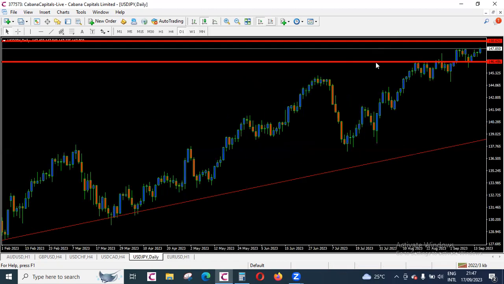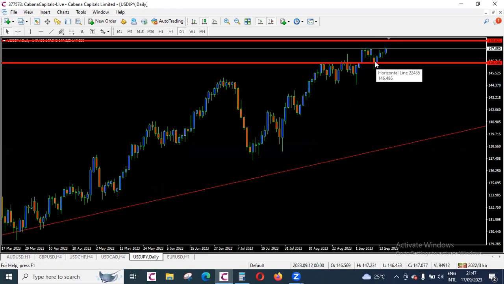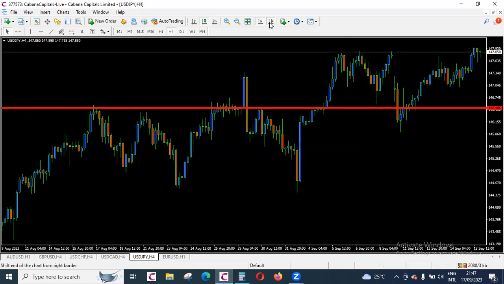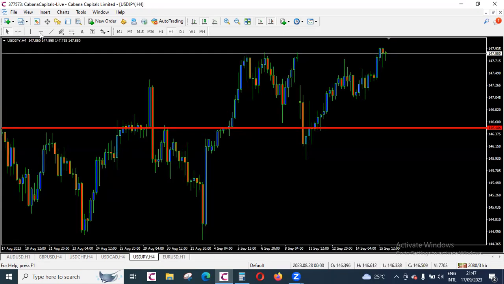Okay, so on daily also, it's our support on daily. You can see at this point it was a resistance turned support. At this point also it was a resistance turned support. Let's go down to 4 hour. Okay, good. On 4 hour, you can see we have this is a support, resistance turned support.